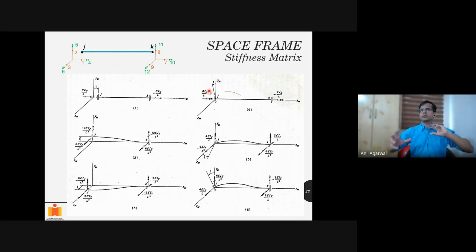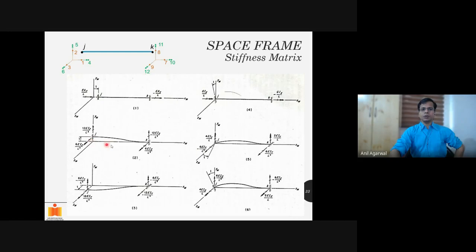There is no interaction between twisting and bending, or twisting and axial behavior. If you make all those assumptions, then you can simplify it as G times Ix by L, which means that you are incorporating pure torsion and not taking into account any other complications. Ix is the torsional constant divided by L. This is the moment you have to apply if you want to turn this end by a unit rotation, and an opposite moment you have to apply at the other end.